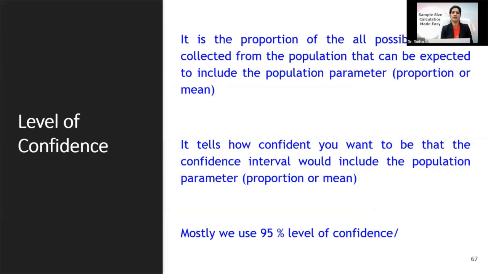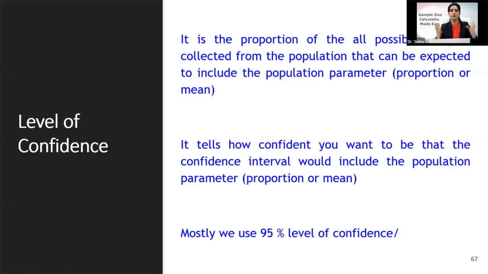So now, what is the level of confidence? Based on any subject, based on any study, you calculate a sample statistic. The confidence level is the proportion of all possible samples.